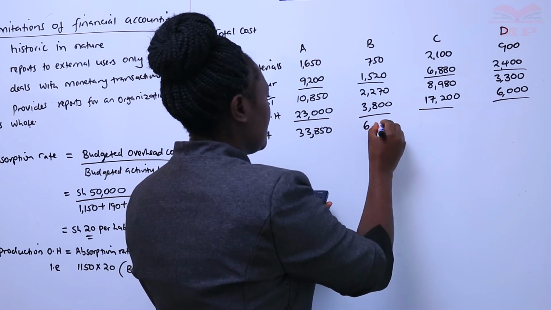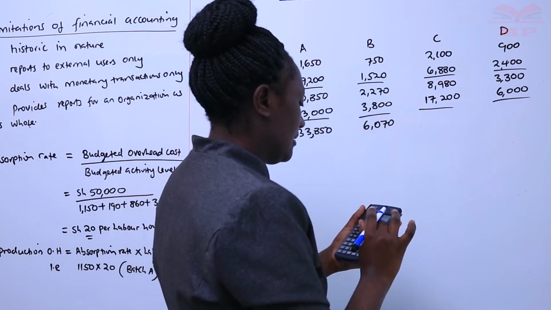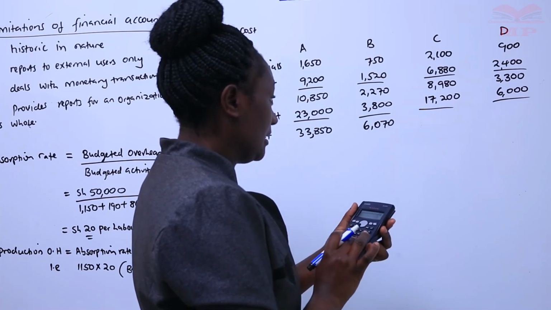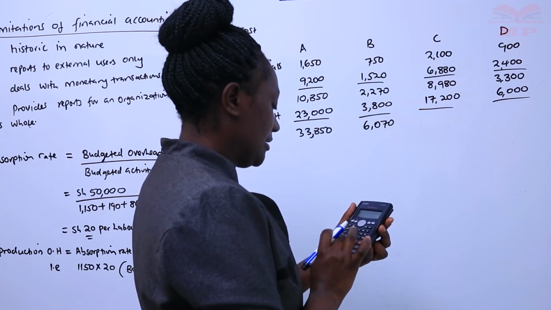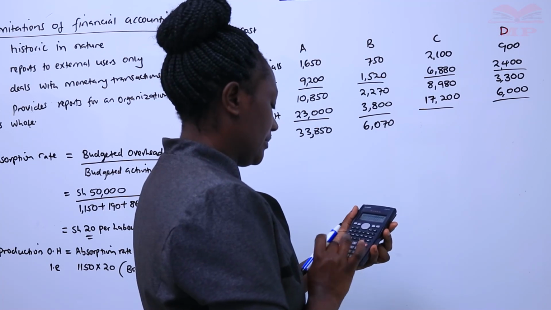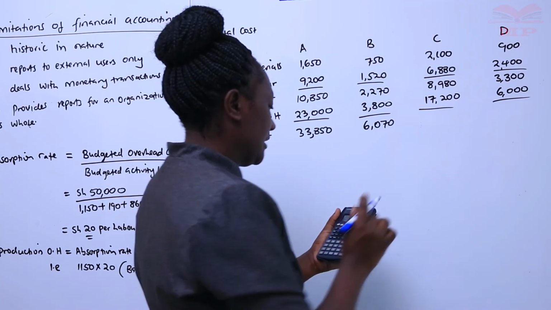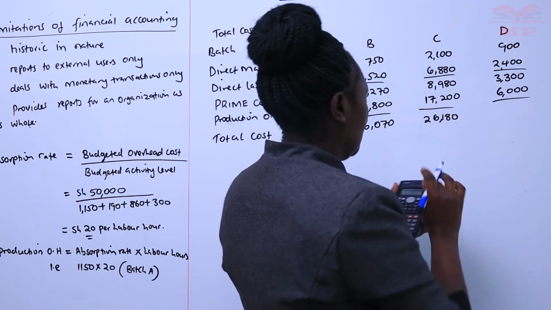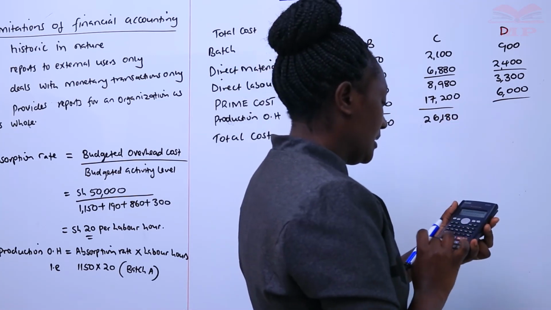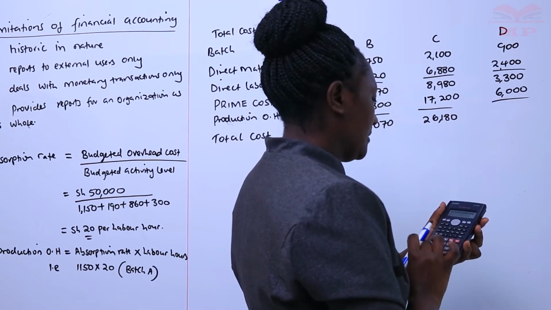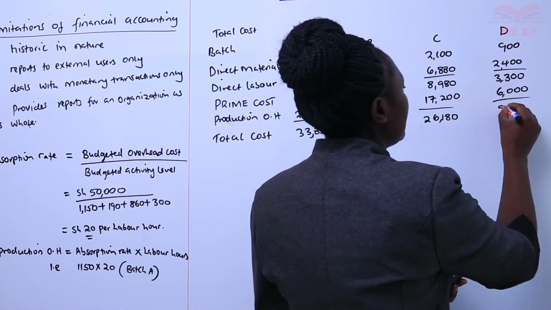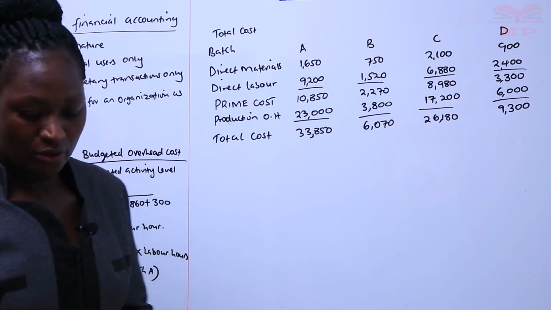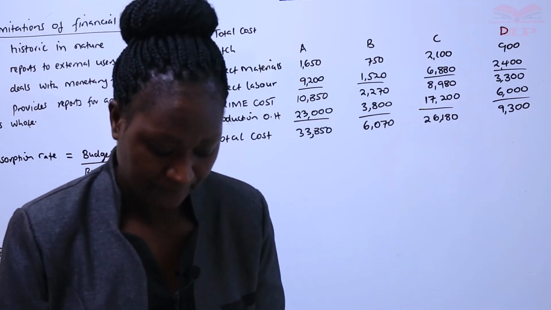This gives 6,070. Then batch C, 8,980 plus 17,200, which will give 26,180. And then we have 3,300 plus 6,000, which is 9,300. So this is the total cost of the batch.